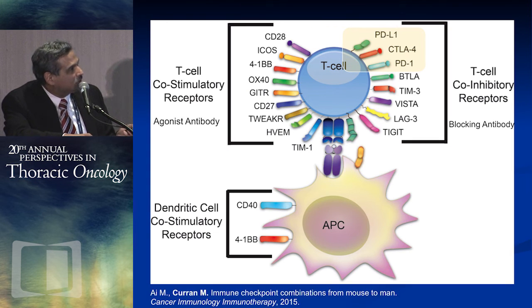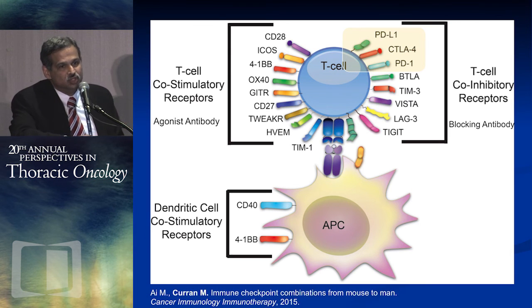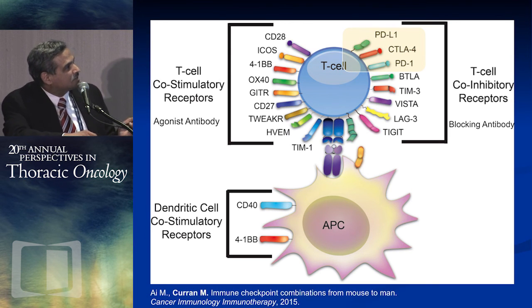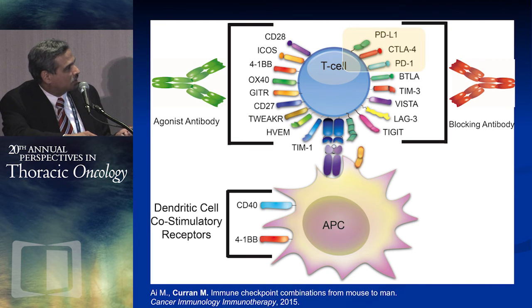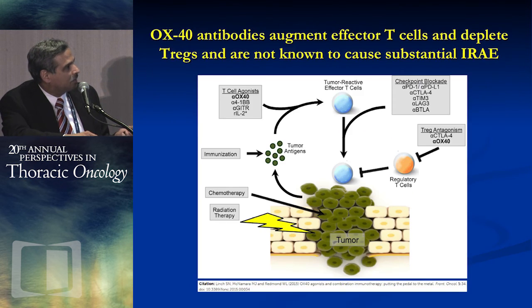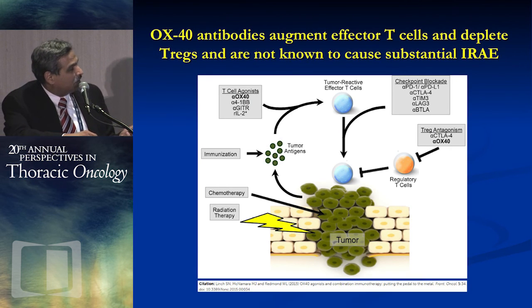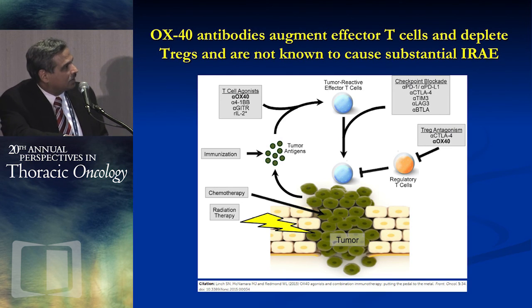And I wanted to finish up by talking about, so we have been focused on the anti-PD-L1, CTLA-4, or inhibitory molecules. As I mentioned, cytotoxic T cells do have co-stimulatory molecules, and there are several antibodies that are agonists of several of these molecules. I'm briefly going to talk about OX40 because we are about to start a study of this. Preclinical studies have shown it enhances the cytotoxic T cells.